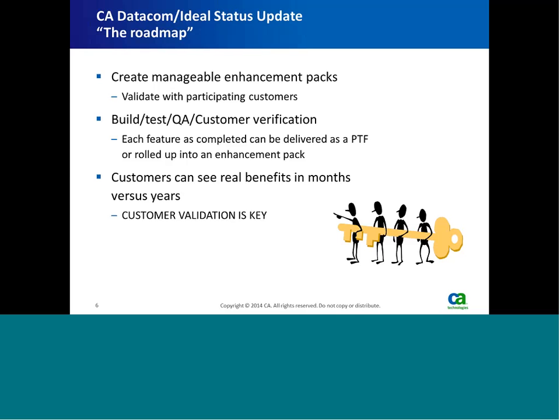Maybe it's a 6-month project, 9-month project, but we deliver them as small, manageable enhancement packs that give immediate customer validation and verification and basically give you the answers that you need.